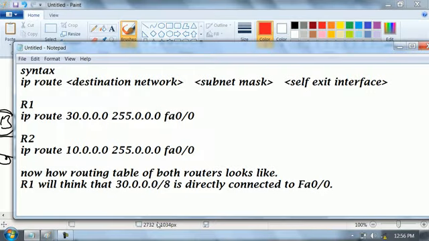Agree? And R2 will think this 10's network is directly connected to me, because what you are defining is the exit interface. This thing is clear. Okay.